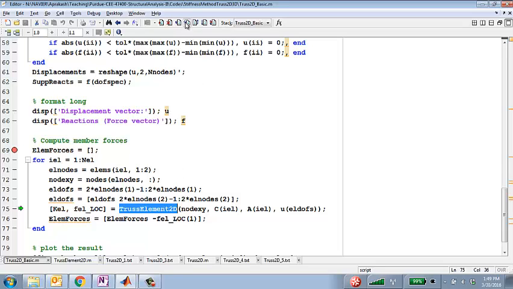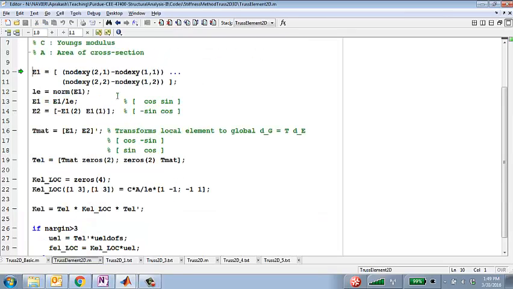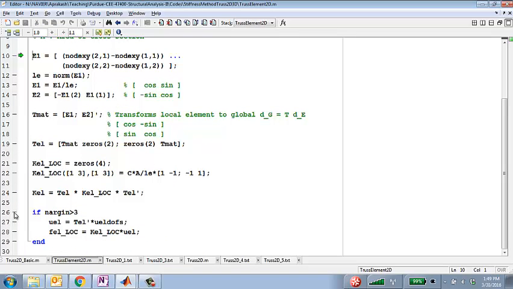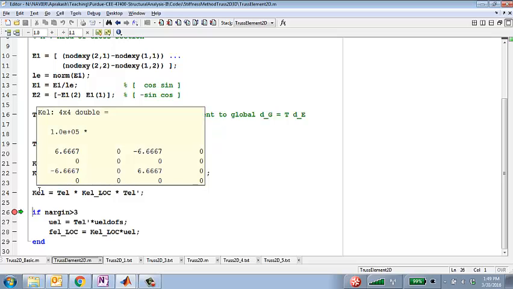So I'll step in here, and once again I'll skip to that line because all of this we've already discussed. At this point I have the K element, the element force displacement relationship for this element number 1. First question: are the local and the global element matrices different or the same for this element 1?